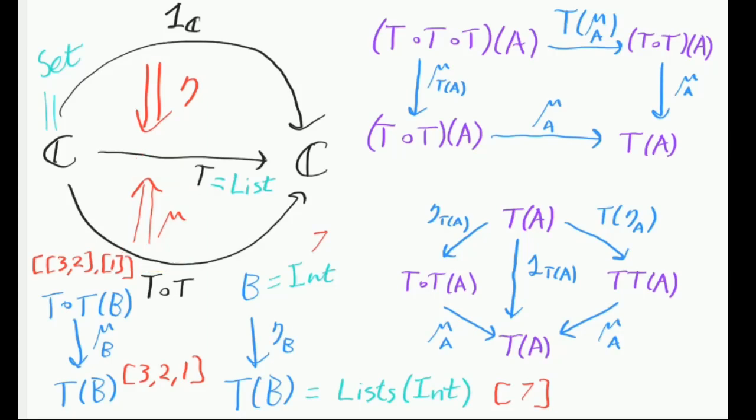When we have data that's in a container, we can change that to become data that's just in a single layer of container. And we require that these diagrams here commute for any object A. Now I think this part of the definition should seem the most mysterious at the moment, because I haven't really motivated these diagrams, said where they come from, etc.